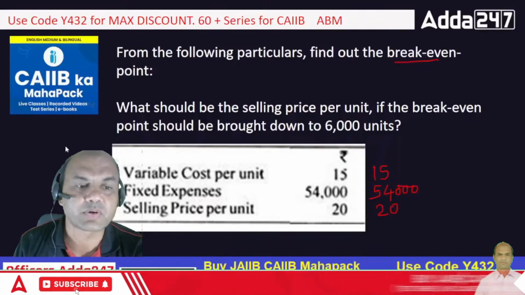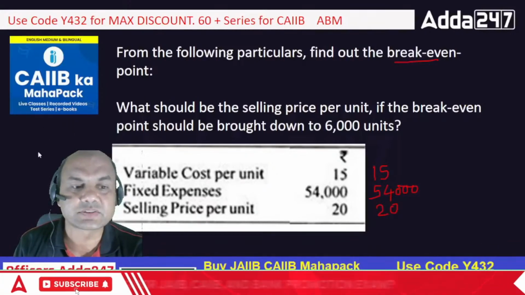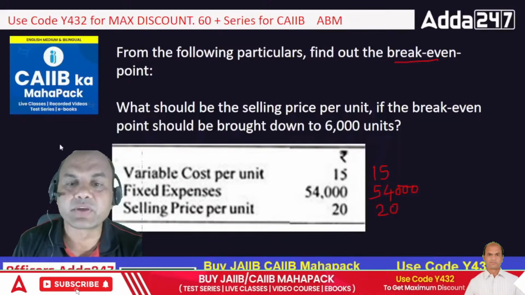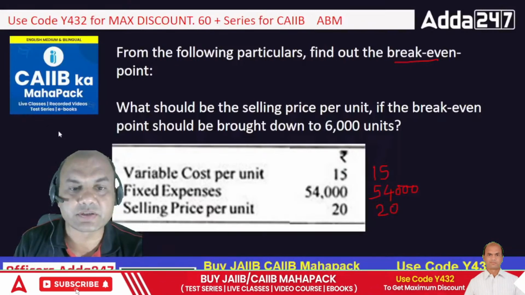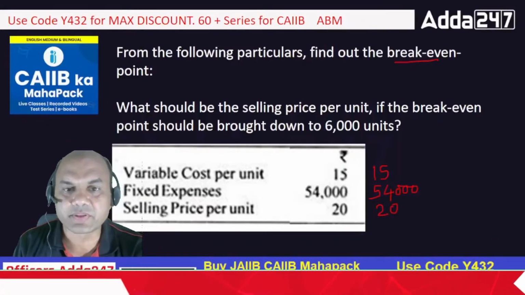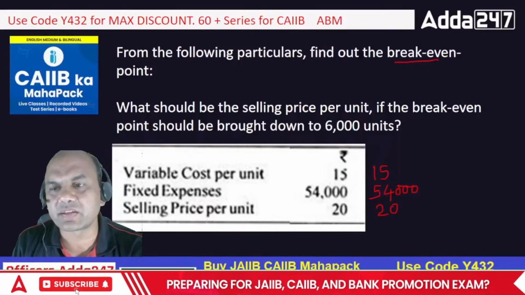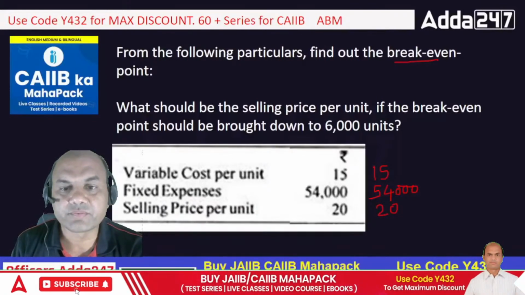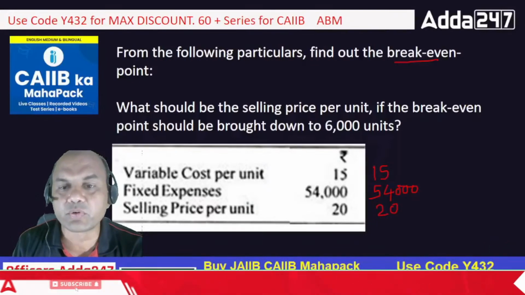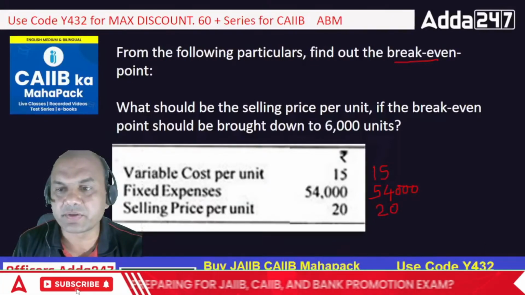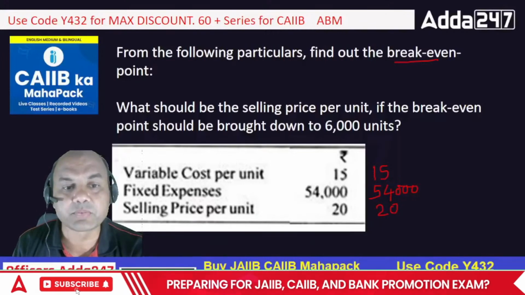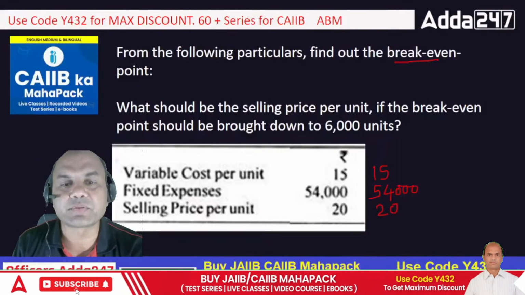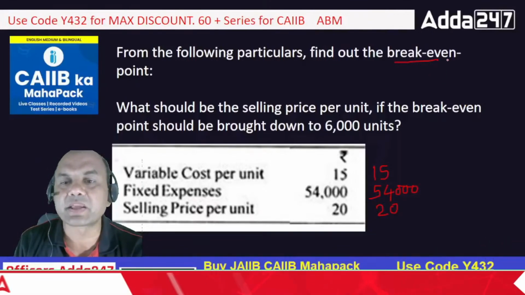Variable cost is 15, fixed expenses 54,000, and these three figures are given. There's another problem over here, but first find BEP only. Let's target the easy part first, the break-even point.